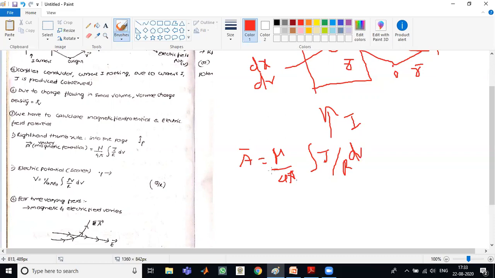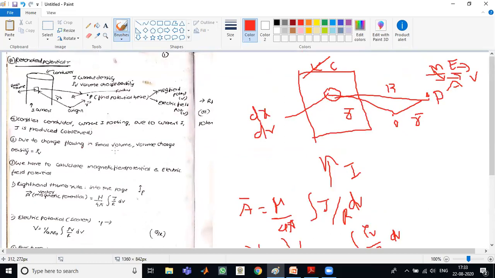This is the standard formula, and V is given by 1 by 4 pi epsilon naught integration rho v by R dV with respect to volume. These are the standard formulas.